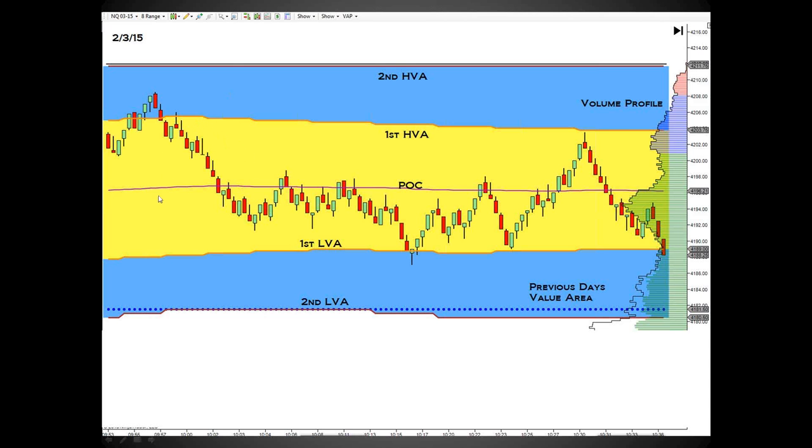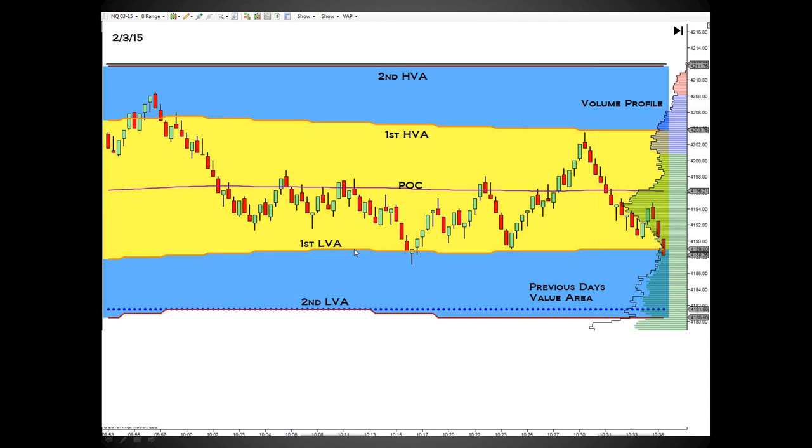So the yellow area is the fair value area, and we call this area right up here, this orange line, that's the first high value area, and up here where this reddish brown line is, that's the second high value area. This purple line is the point of control.